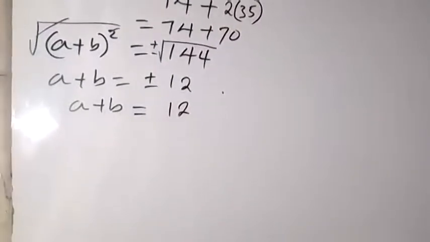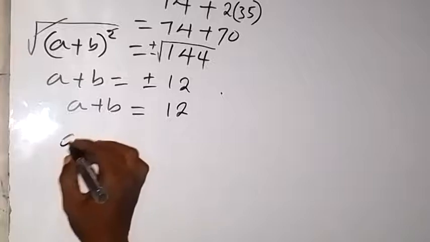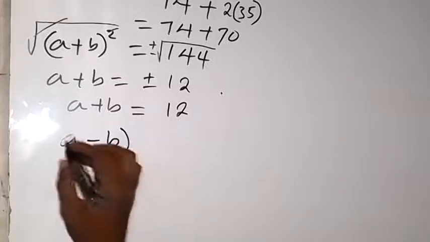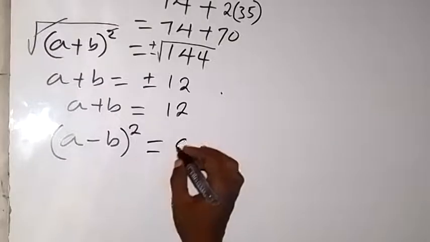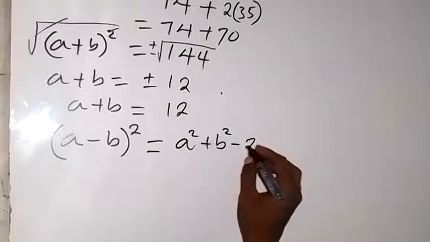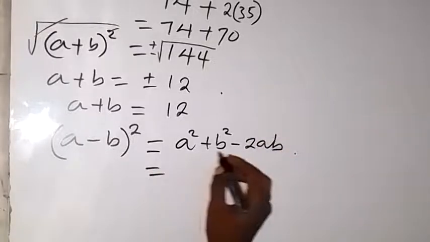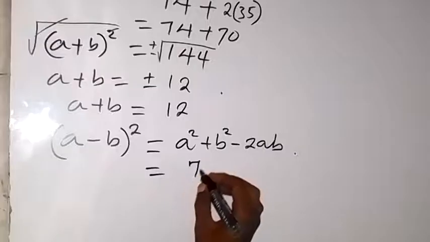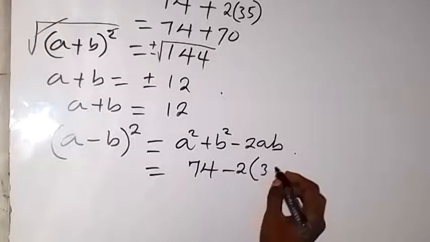Then also from this identity that we have, which is (a - b) all squared, when we square this, we have a squared plus b squared minus 2ab. From here, a squared plus b squared is 74, then minus 2 times ab, which is 35.